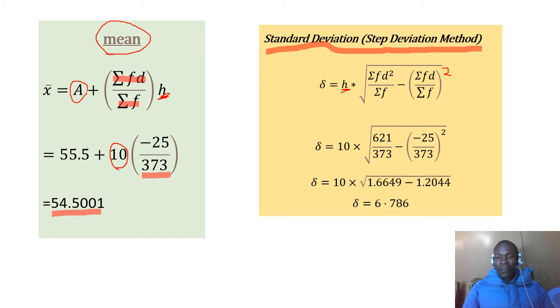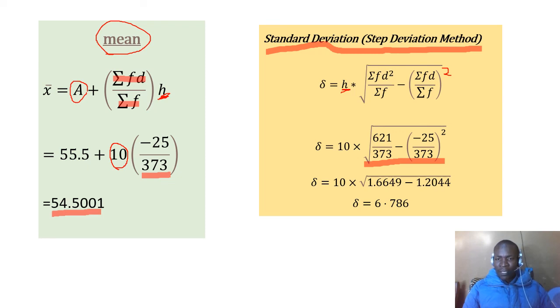Now from that you subtract summation of fd from our working. Summation of fd is -25. That's what we substitute, and then summation of f is 373. Once you get this quotient, you are supposed to square it. It's advisable you first work everything inside here. Once you work whatever is inside there, you square it. You get its square root.